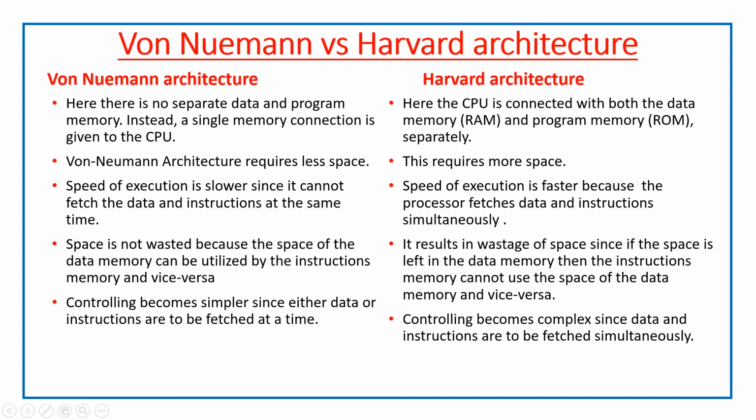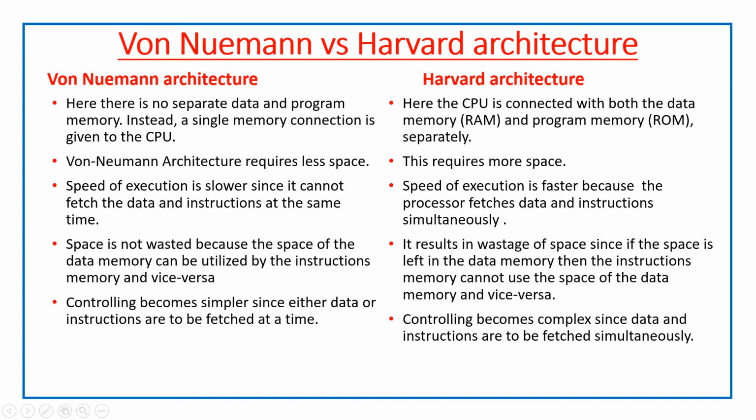Number 2, von Neumann architecture requires less space, but Harvard architecture requires more space. Number 3 is speed of execution is slower since it cannot fetch the data and instruction at the same time. And in Harvard architecture, the speed is faster.